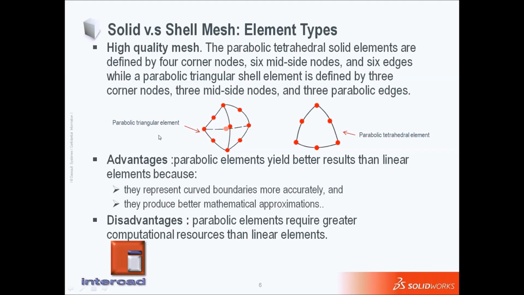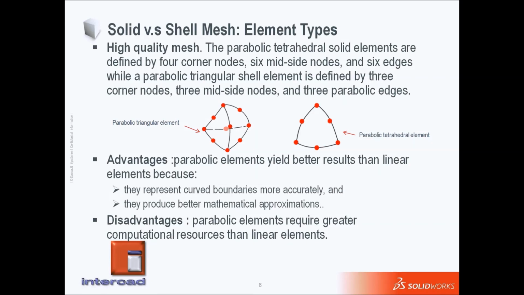For shell mesh, a parabolic triangular element is defined with 3 corner nodes, 3 nodes at mid-edges, and 3 parabolic edges connecting all these nodes together.